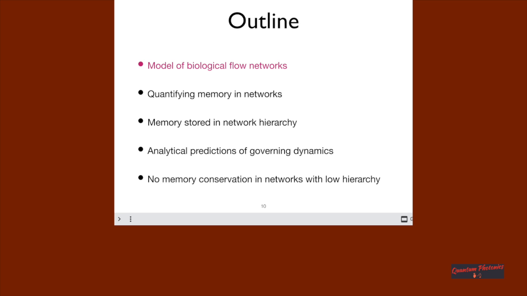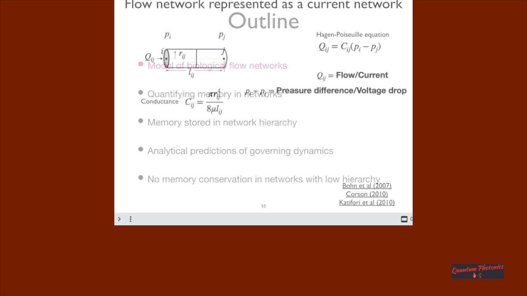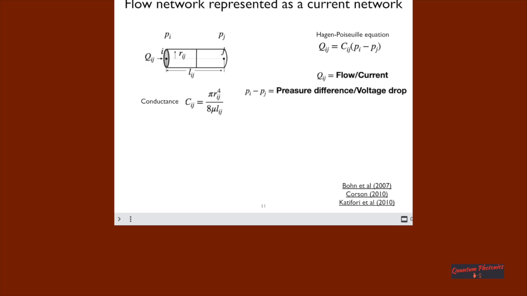And the cofactor that comes in, which is the proportionality constant, which is the conductance in case of current network, also exists in case of fluid flow network.